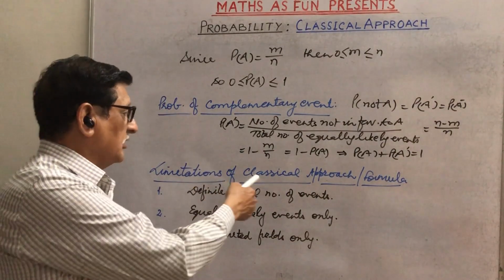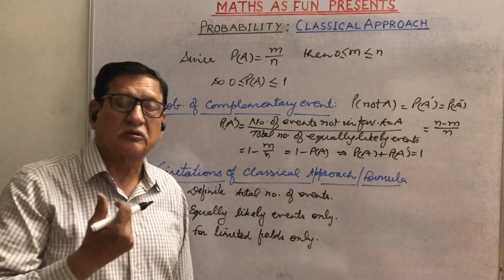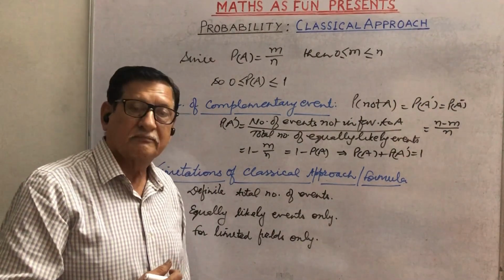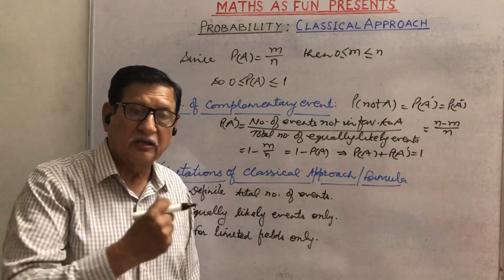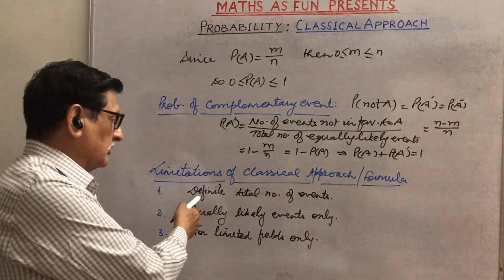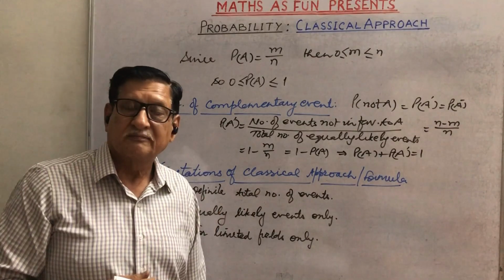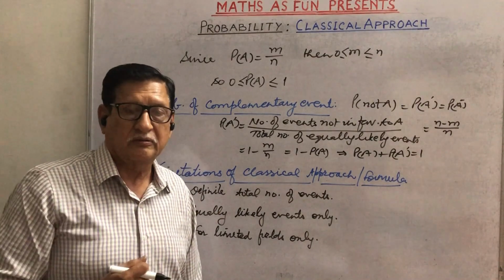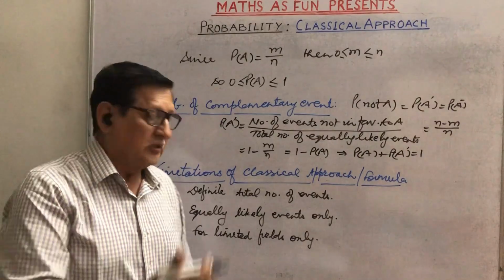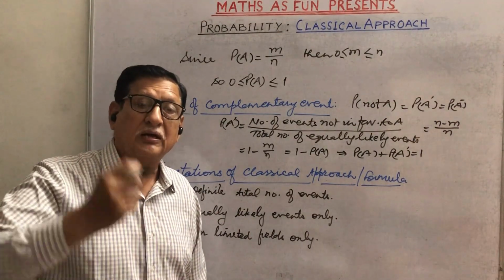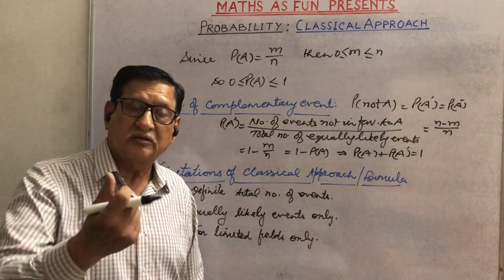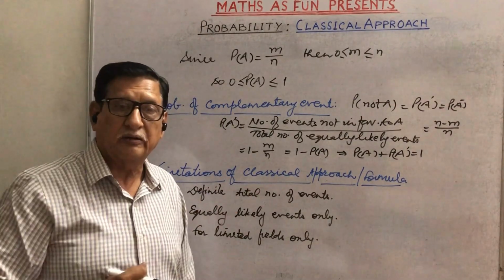Now, what are the limitations of the classical approach or classical probability or classical formula? There are certain limitations. Number one, the number of events should be definite. Number two, the events are to be equally likely only. For other events, this may not be applicable.